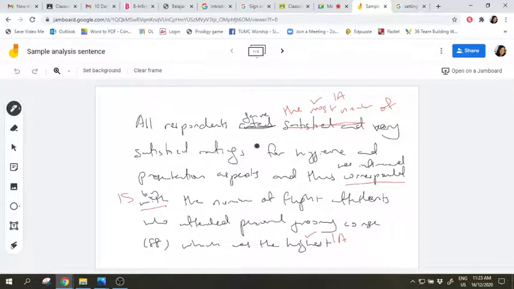Because you have both, you have number 4 and number 5. So the most number of very satisfied and satisfied ratings for hygiene and presentation aspects.